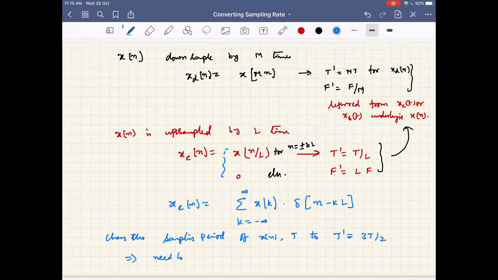How do we achieve this? I would like to increase the time period not by 3 times, but by 1.5 times.